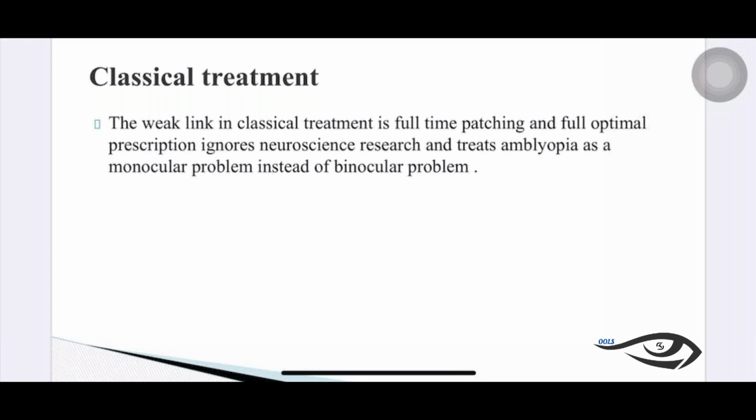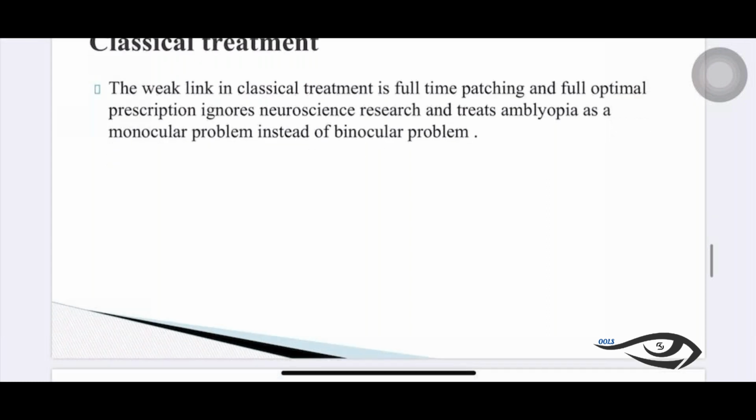Because whenever we do any type of patching, we are not thinking about binocularity. It is not going to develop binocularity at all, even in the later stage. Most of the time we should think about binocularity if we are treating amblyopia. I'll discuss that one by one later.